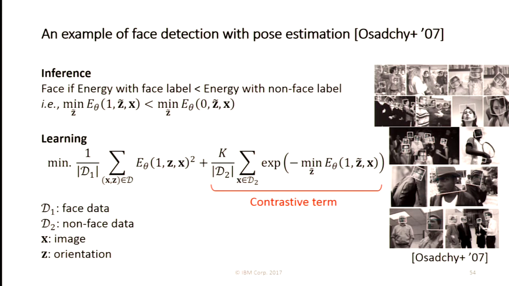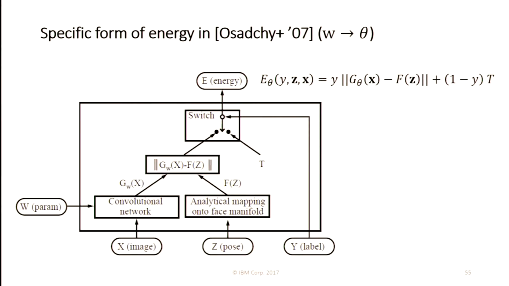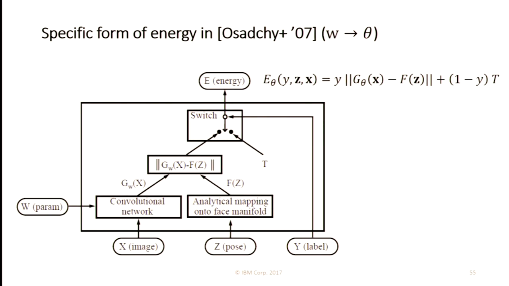More specifically, the energy function looks like this. It has three arguments. X is your image, and X is input into this convolutional network. The parameter of the CNN is called W here, but it is theta in our case. So G theta of X is the output of your CNN.